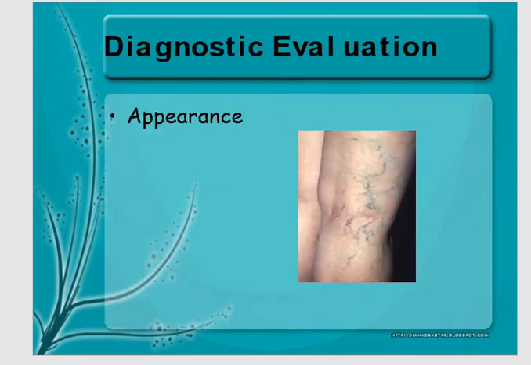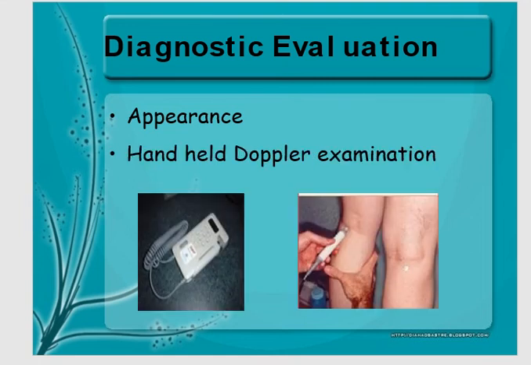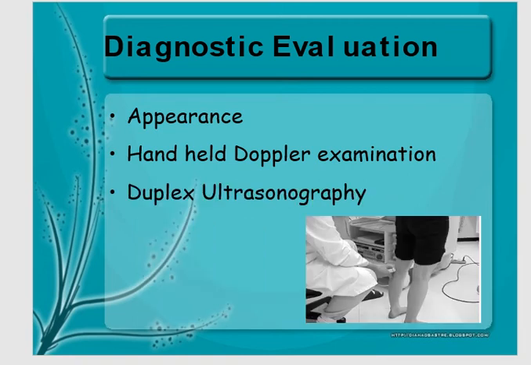So how do you evaluate them? You look at them. You can do a hand-held Doppler examination. You can have a duplex ultrasonography that will tell you the varicosity and incompetence at various levels.